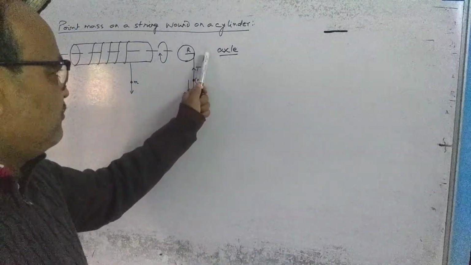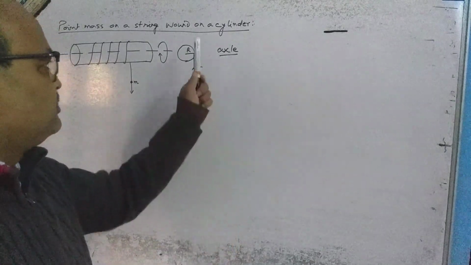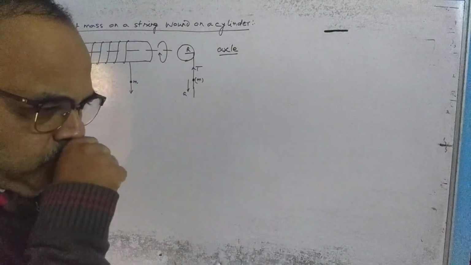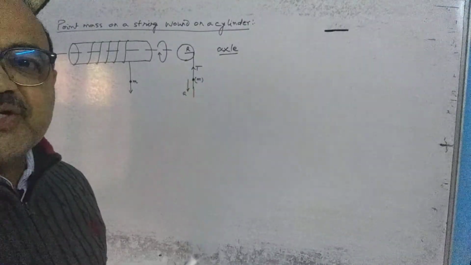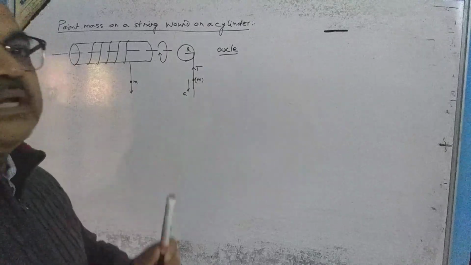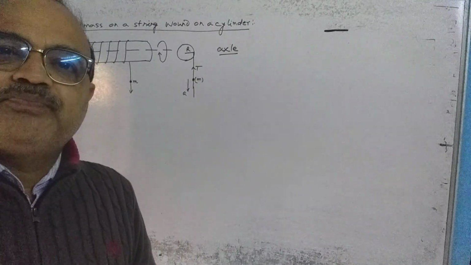The point mass will fall with the acceleration A. Tension will be in the upward direction, and it is moving in the downward direction.